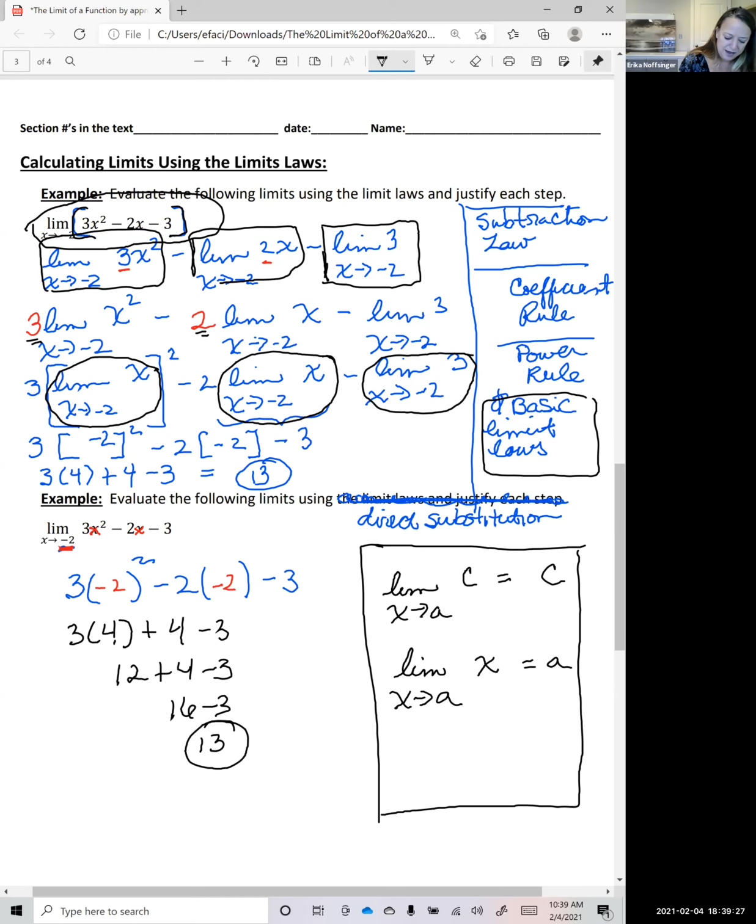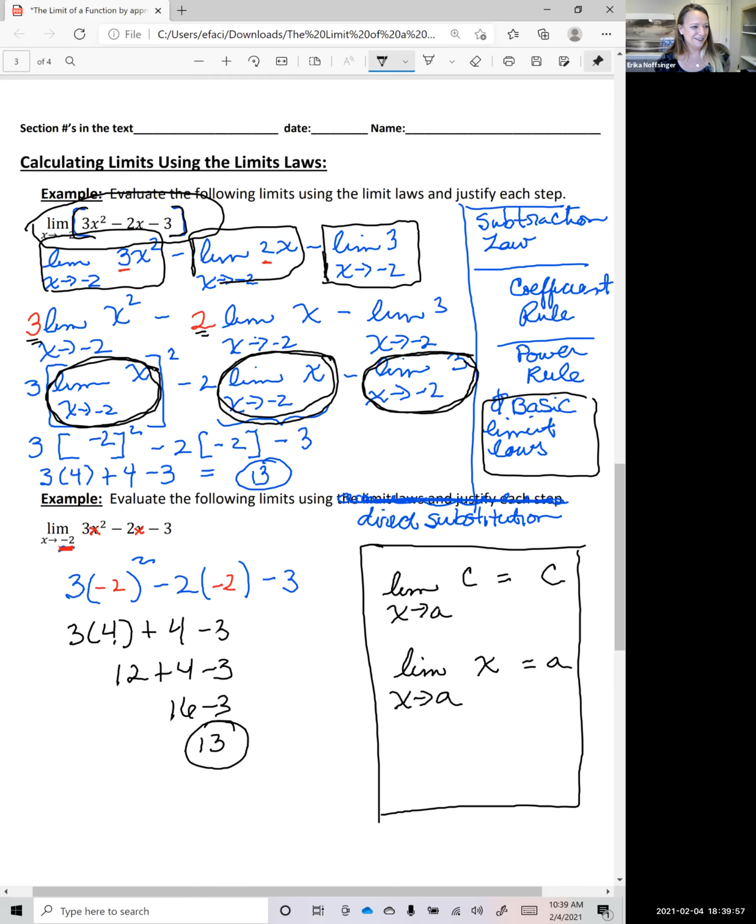Then we could use the power rule. So by using all those rules, I got each limit down to either x approaches -2 of x or a constant. And then from that, we could simplify. So basically, we're really doing all of these rules when we do the direct substitution. And so we're just going to jump into direct substitution now.